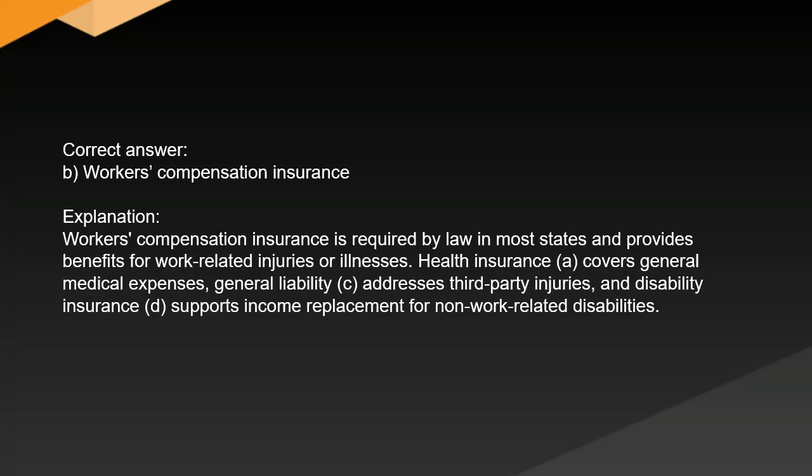Explanation: Workers' compensation insurance is required by law in most states and provides benefits for work-related injuries or illnesses. Health insurance (A) covers general medical expenses, general liability (C) addresses third-party injuries, and disability insurance (D) supports income replacement for non-work-related disabilities.